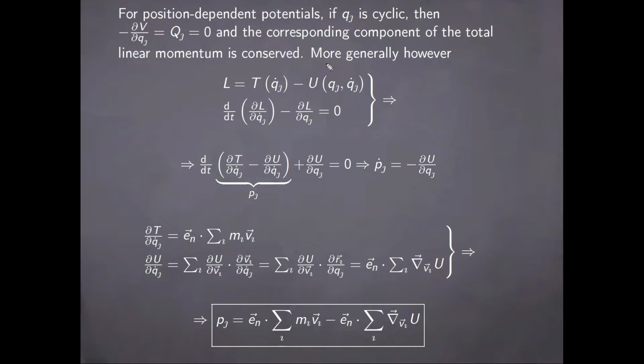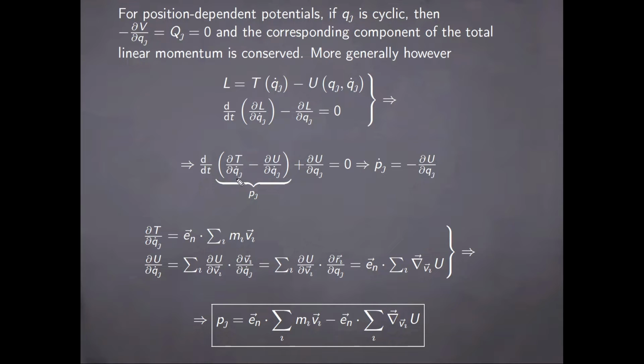In the more general case, however, we could have a situation where the Lagrangian contains a kinetic energy term and a generalized potential term, which depends both on coordinates and velocities. And in this case, the Lagrange equation is in fact given by the explicit result here.